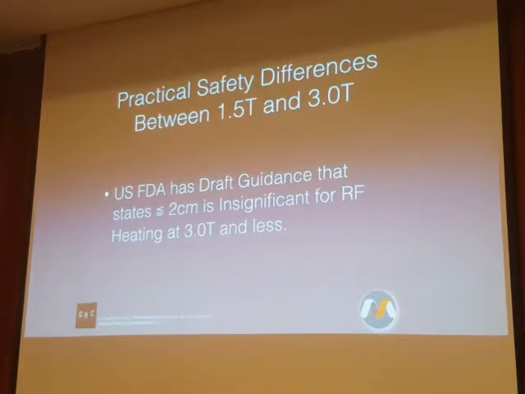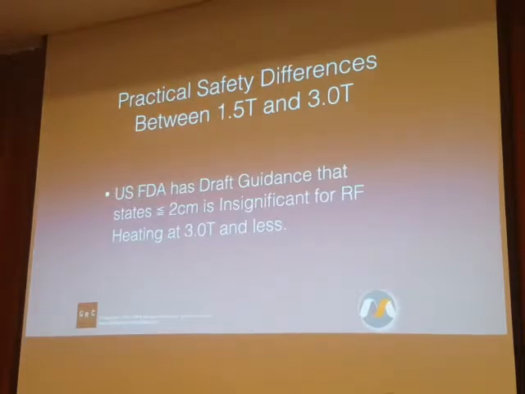Now, I think that they're being overly conservative. I think Dr. Canal has previously said that in his view, that number should probably be about 5 centimeters. That once you get 5 centimeters and smaller, the likelihood of something heating significantly at field strengths up to and including 3 Tesla is almost non-existent.